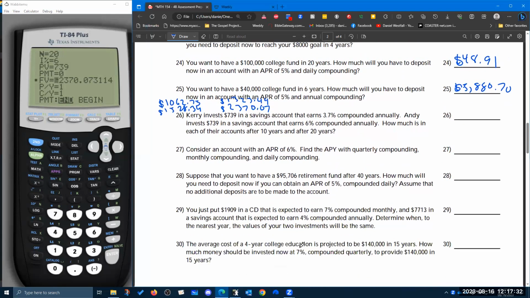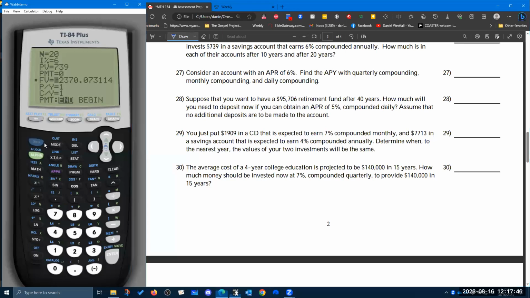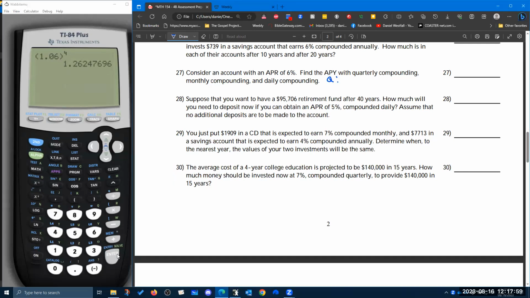We can't fit all that on that blank. Consider an account with 6% APR. Find the APY with quarterly compounding interest, monthly and daily. Okay, so 1.06 to the fourth: for quarterly compounding, we have 1.26%.